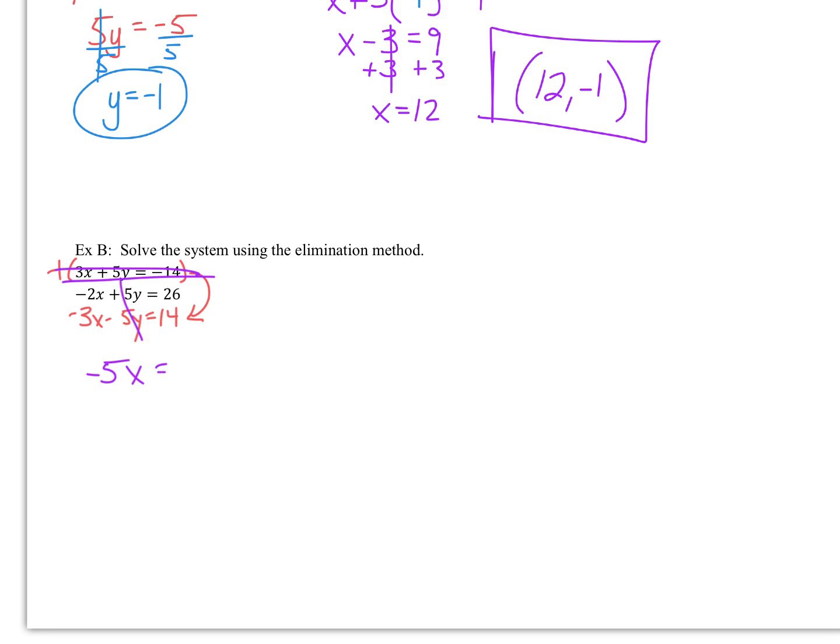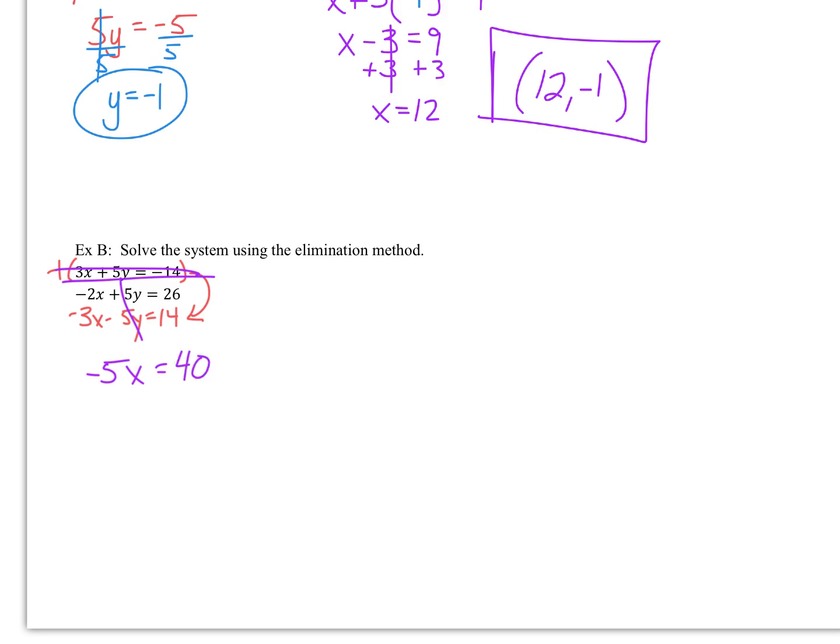So the 5y and the negative 5y go away. Why did we times it by negative 1? Because both of the 5y's were positive, and I need one of them to be negative to cancel out. Yeah, because when I add 5y and negative 5y, those go away. And then I add the 26 and the 14, which would be, what, 40?